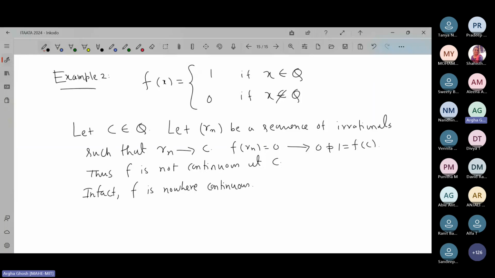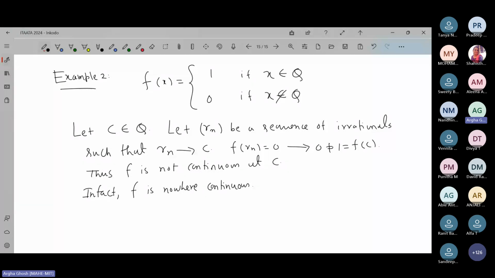Before I conclude the session, we're not going to prove many other theorems like the algebra of continuous functions, because that's very easy sometimes and lengthy in some cases.